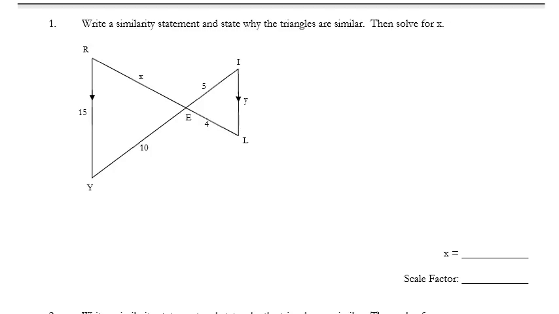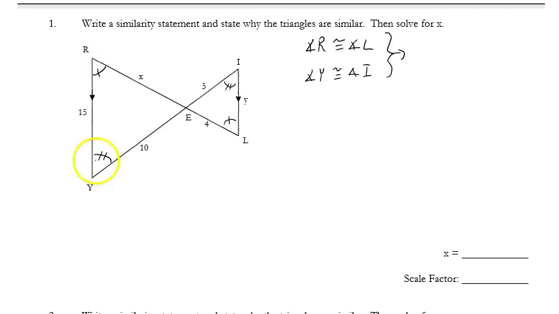In the first four problems, I'm going to ask you guys to write a similarity statement and state why triangles are similar. That's what we did the first day after our second quiz. That's where we have to state two congruent angles. In this case, we have parallel lines. Angle R is congruent to angle L. And angle Y is congruent to angle I. So we have to defend why these angles are congruent.